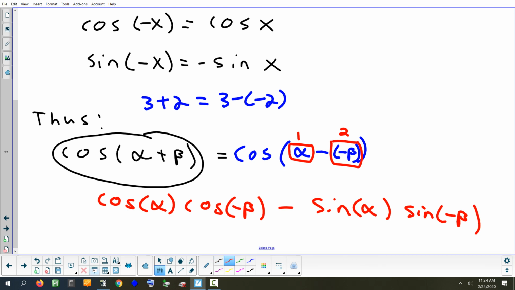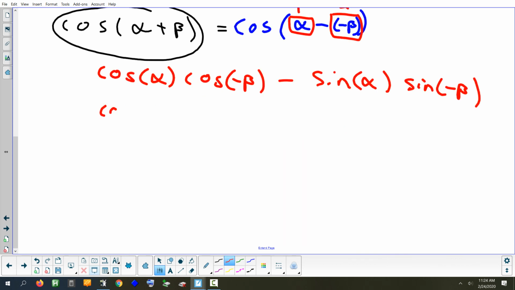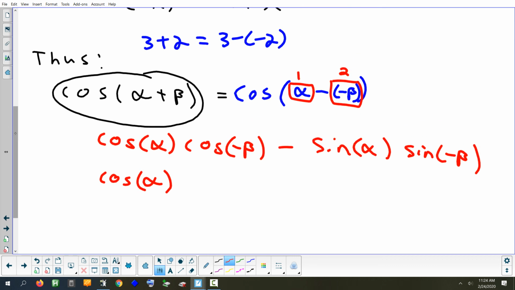Now, the ones that don't have negatives, we can't really do much with, so this stays the same. What about cosine negative beta? What's cosine negative beta the same as? Cosine beta. You can just get rid of the negative.